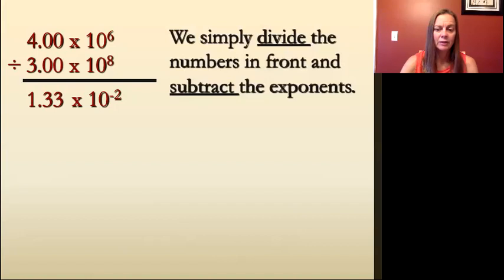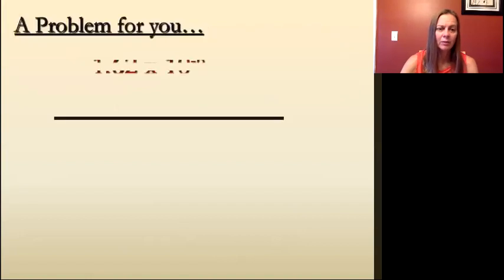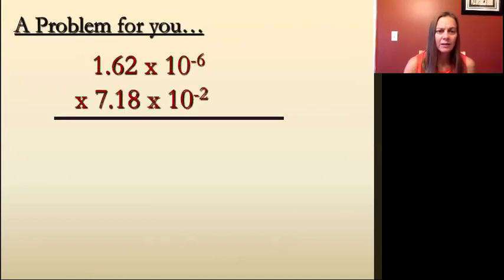I'm going to let you guys try this problem. 1.62 times 10 to the negative sixth times 7.18 times 10 to the negative second. So I'm going to ask you to pause the video here and work out this problem. You can use a calculator, but I want you to use the calculator separately. I want you to multiply the first two numbers and then add the exponents.